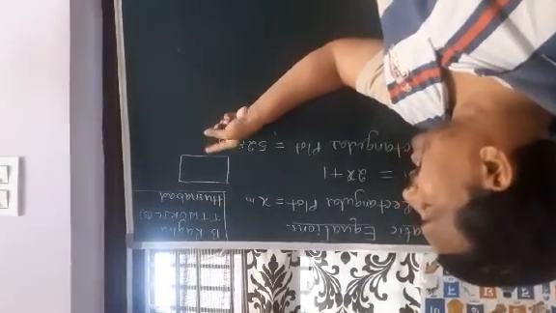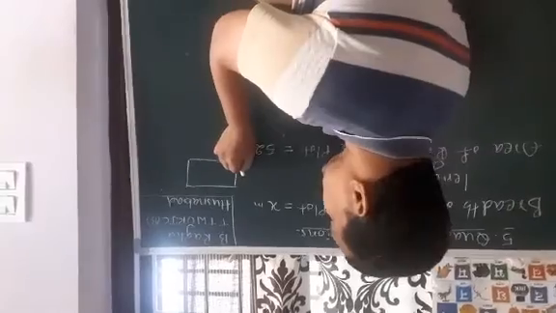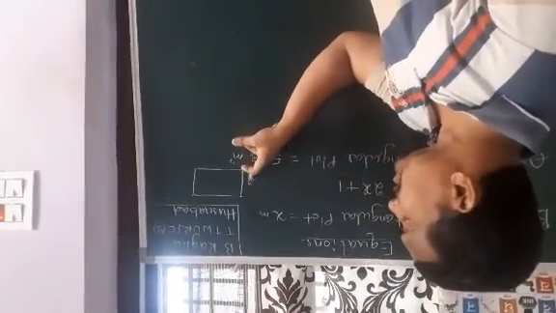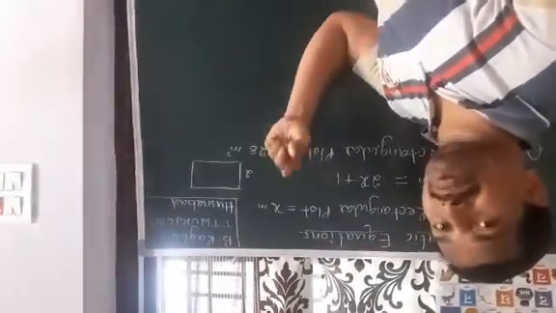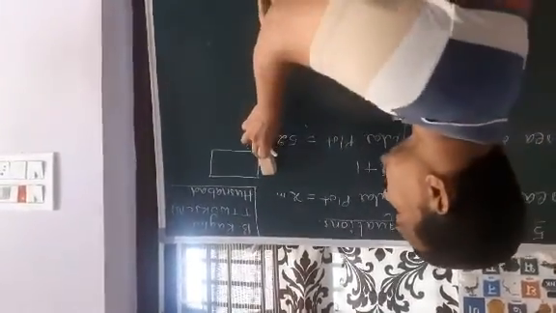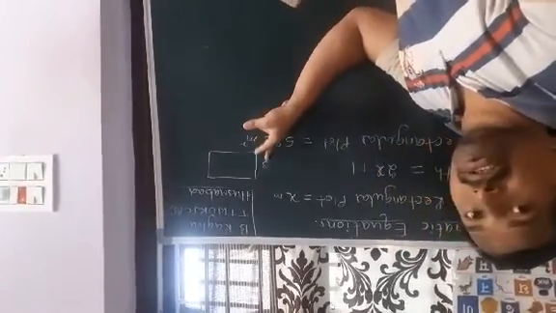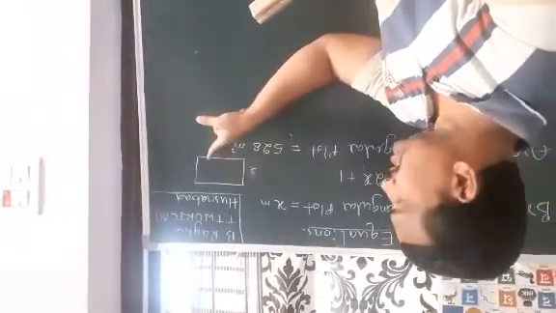So the length is 1 meter more than twice its breadth. Twice its breadth means if the breadth is, for example, 2, twice means 2 into 2, 4, and 1 meter more, 4 plus 1, 5. If it is 3, twice the breadth, 2 3s are 6, 1 meter more, 6 plus 1, 7.